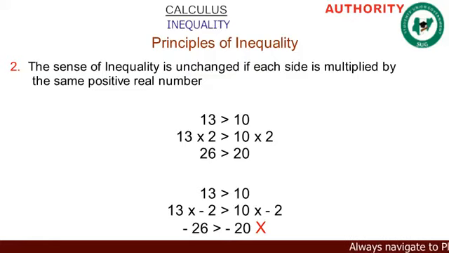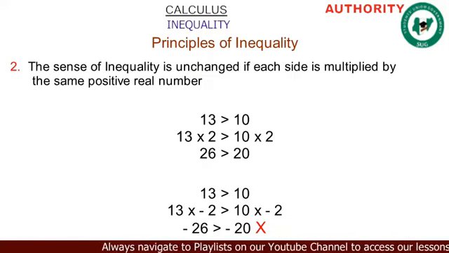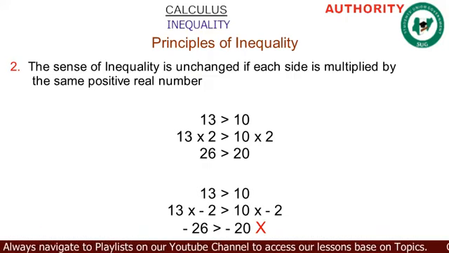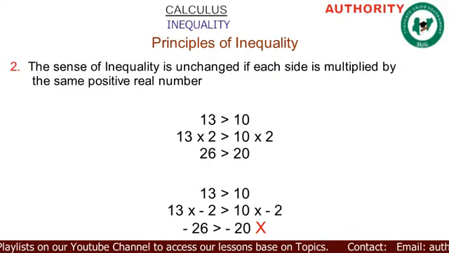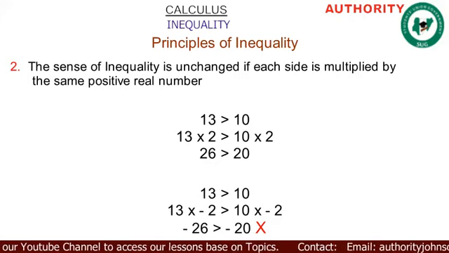So we have minus 26 greater than minus 20, which is wrong. So when you multiply the inequality by the same negative number, the sense will change. When it is divided by a negative number, the sense will also change.